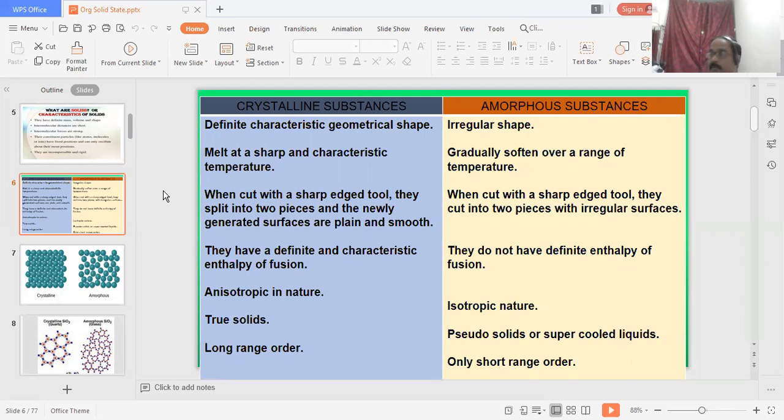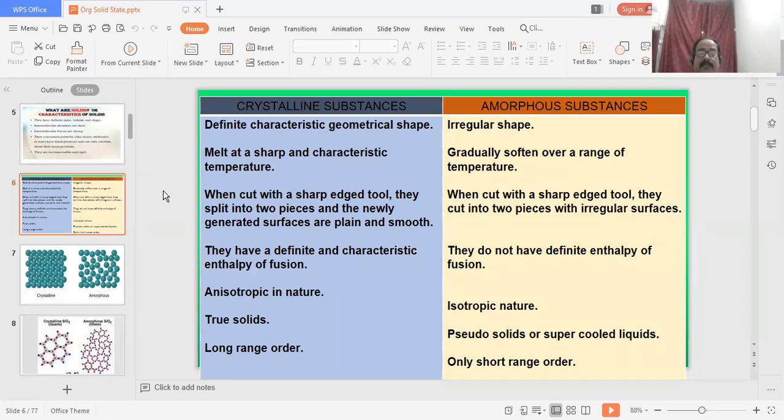When non-crystalline solids are cut with a sharp tool, they cut into two pieces with irregular shape. The original substance is irregular, and the new parts formed are also irregular.